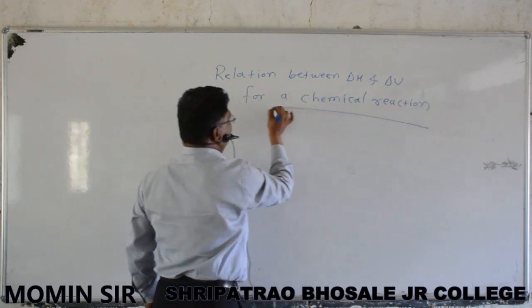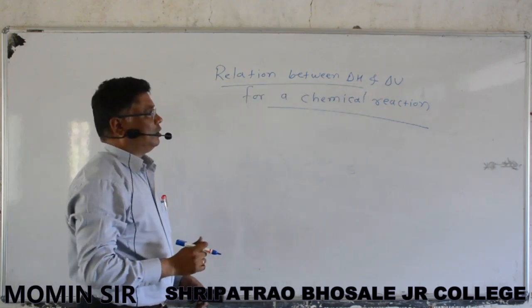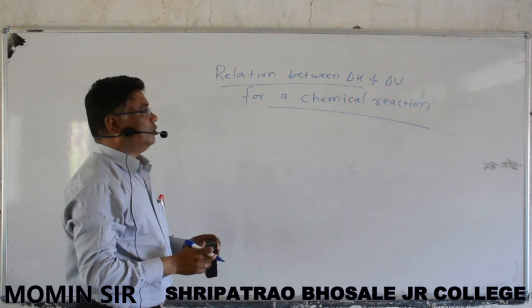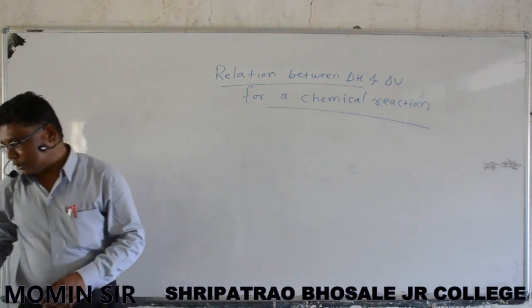Now we want to know what is the relation between delta H, that means change in enthalpy, and delta U, that is change in internal energy for a chemical reaction.